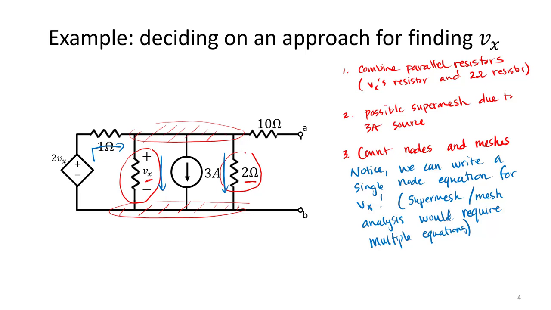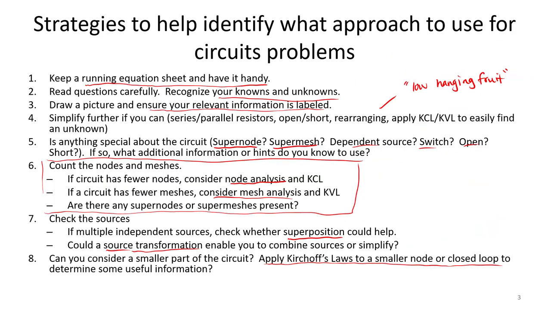For example, we could have done a source transformation on the 3 amp current source and the parallel resistor. So source transformation could have potentially worked there. But given that we're trying to solve for Vx, once again, node analysis would likely be the most convenient approach. Definitely keep these tools in mind.